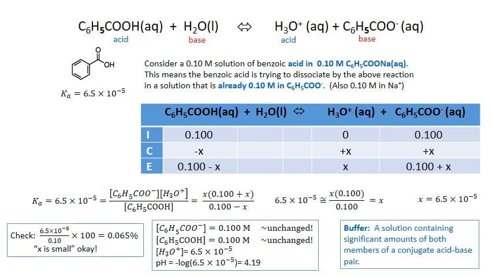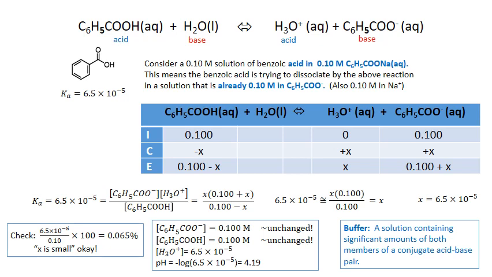Neither one can change very much, and so in these calculations you find this with buffers. If you mix a solution that's 0.1 molar and 0.1 molar, it remains so, and that's a characteristic of these kinds of solutions. Okay, and the pH turned out to be 4.19.